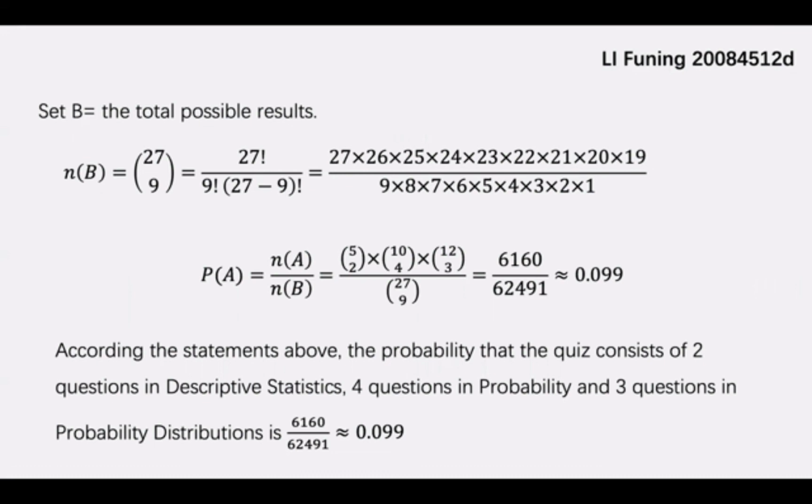NB equals 27C9, which equals 27 factorial divided by 9 factorial multiplied by 18 factorial. So PA equals NA divided by NB, which equals the result shown on the screen. According to the statements above, the probability that the quiz consists of 2 questions in descriptive statistics, 4 questions in probability, and 3 questions in probability distribution is shown on the screen.